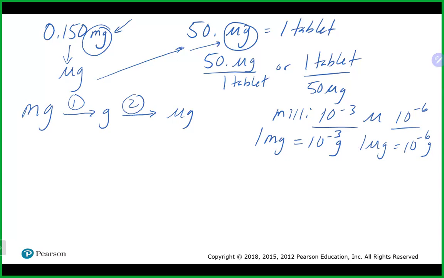So I'm going to start with my 0.15 milligrams. Again, going to do dimensional analysis so I don't have to think too much about it. If I want to write the conversion factors, I could. If I don't, I just need to put things in the right spot, really, right? So my milligrams here are up on top, which means on the bottom needs to go milligrams, right? The opposite. And up on top needs to go our grams.